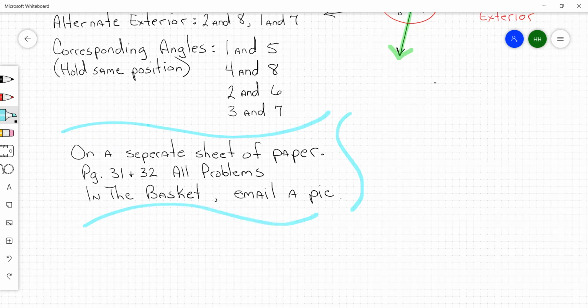Now, again, I will not be here tomorrow. So your substitute will hand out a study guide, and you will work on that study guide in class. There's no Zoom meeting tomorrow, 2/4/21. We will resume Zoom on Friday.